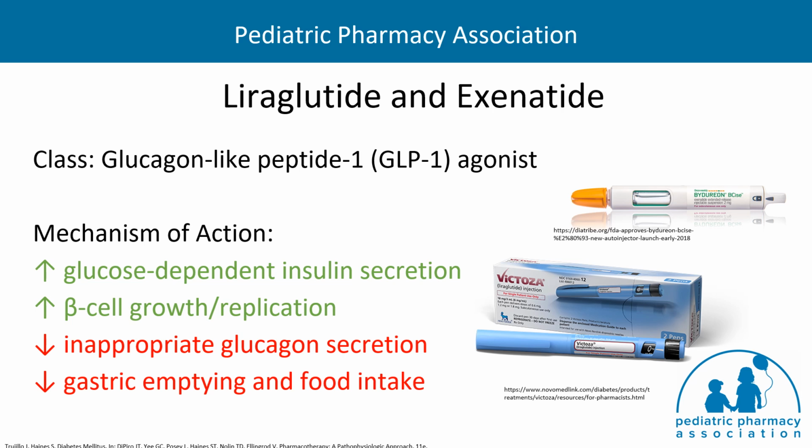So they decrease gastric emptying and food intake, promoting a sense of fullness. And this is why these agents also have some role, perhaps, in pediatric obesity, with liraglutide in particular receiving an FDA-labeled indication for this under the brand name Saxenda.